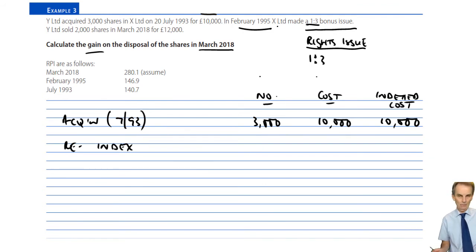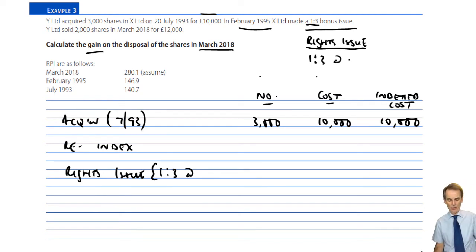We'd re-index. You'll do it on your calculators in a moment. And then we'd be adding in the impact of the rights issue, 1 for 3. So what now with the price of those shares?